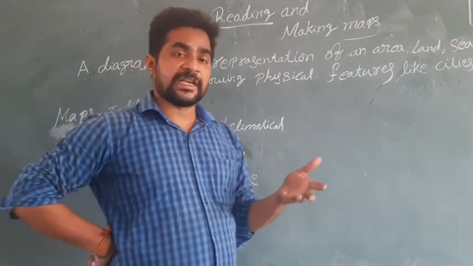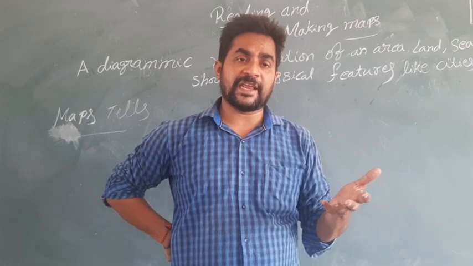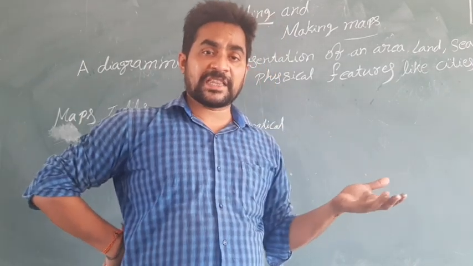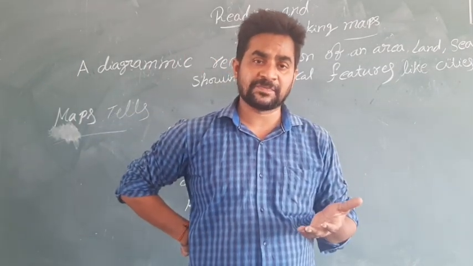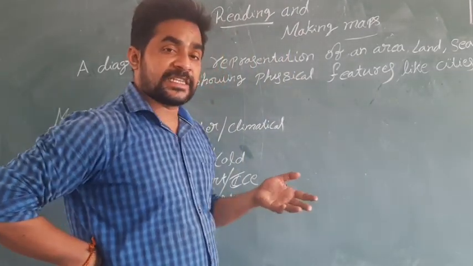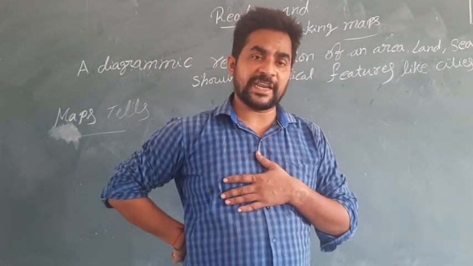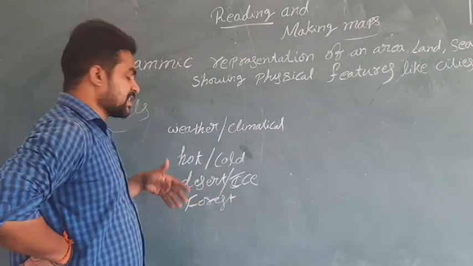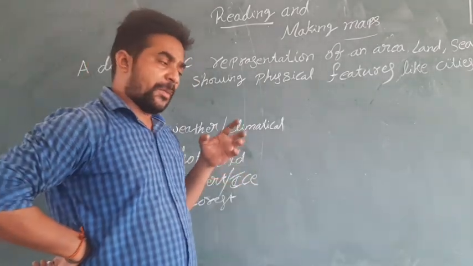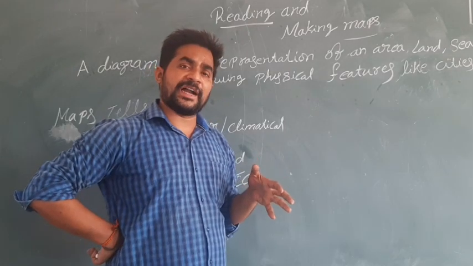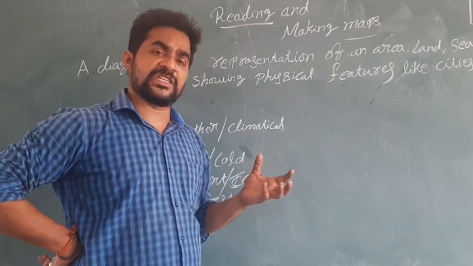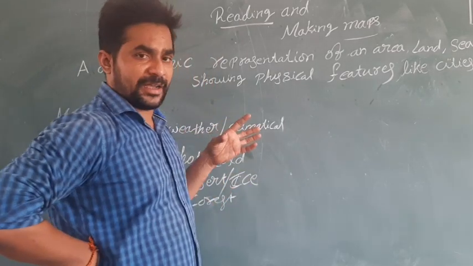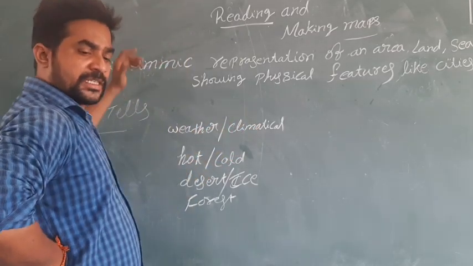Also whether the area is ice-covered, like the northern mountains, the Himalayas. And also whether the area is forest area. By seeing a map we can understand much information, but only some aspects.